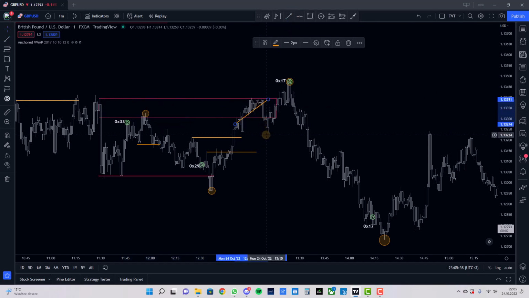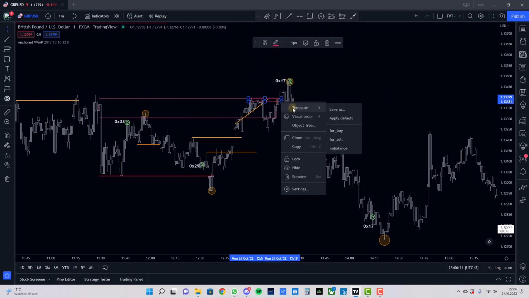Beautiful example of how to manipulate retail traders, which are always looking for just a simple box without knowing the real volume and patterns. Yes, that there's something like liquidity here, because always anything like this is liquidity.